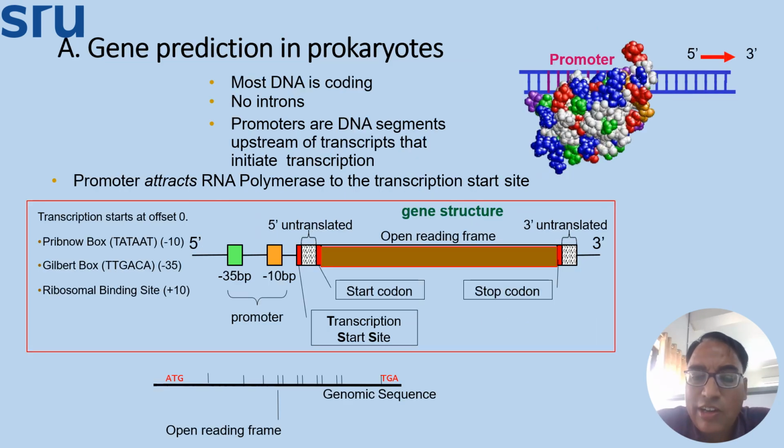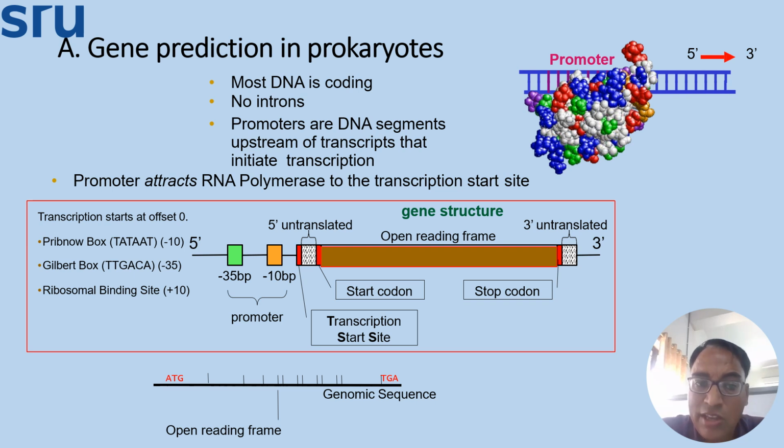Now understand what gene prediction in prokaryotes is. What is the method? Gene prediction in prokaryotes only uses the standard known structure of genes. That is, the promoter RNA polymerase complex binds at the starting of the gene, and the start of the gene is defined by the -10 and -35 bases.